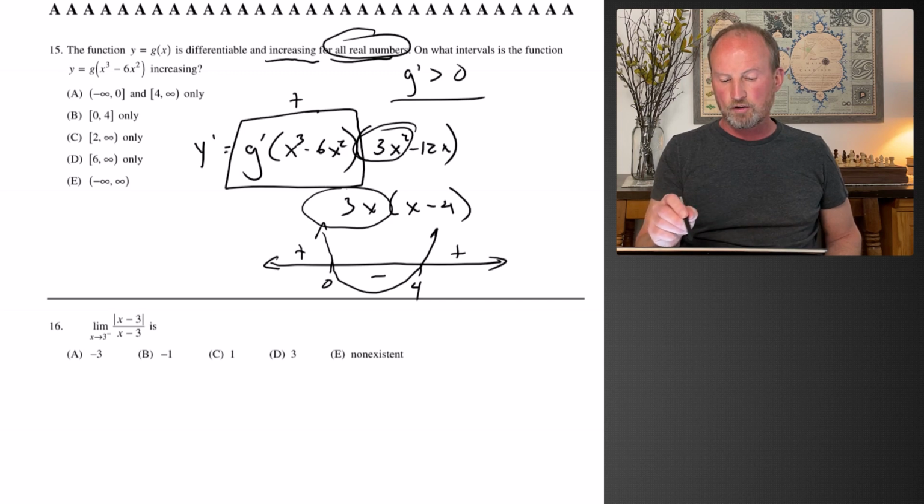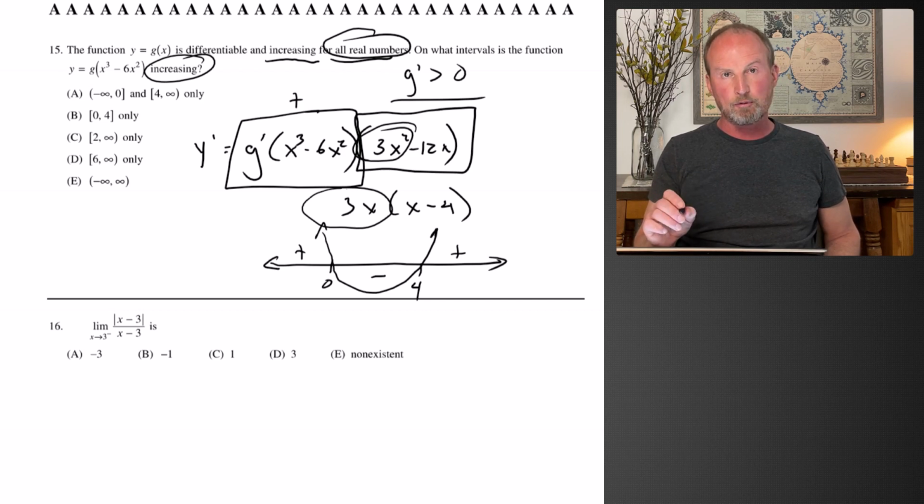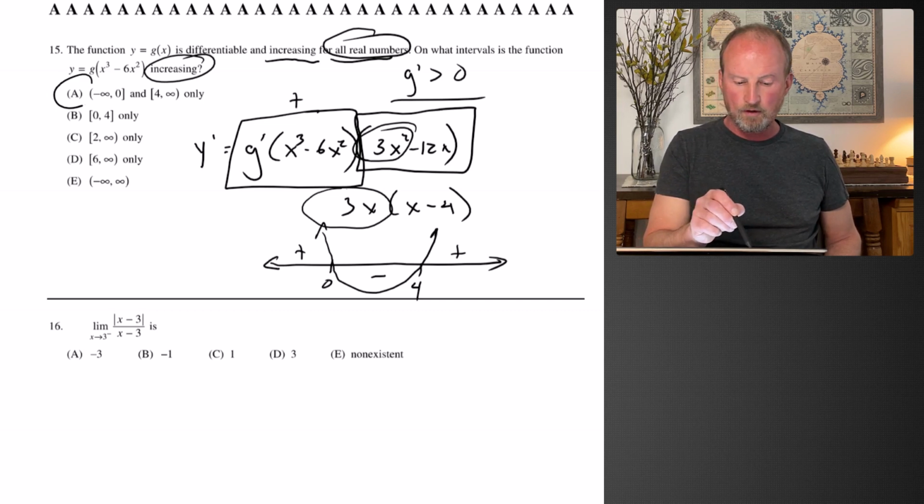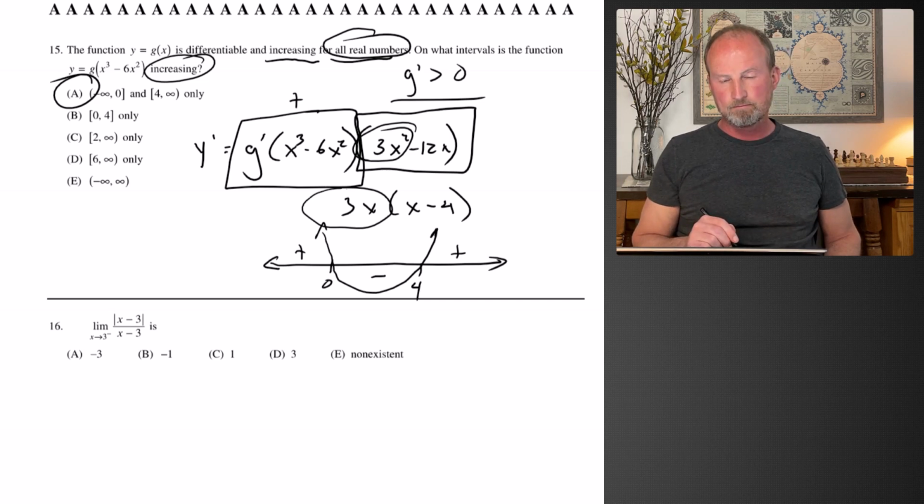On what intervals is my function increasing? Well, if this g prime is always positive, then this function right here needs to be positive in order for the whole entire derivative to be positive. So it's positive from 4 to infinity and from negative infinity to 0. Letter A. Positive here, positive here.